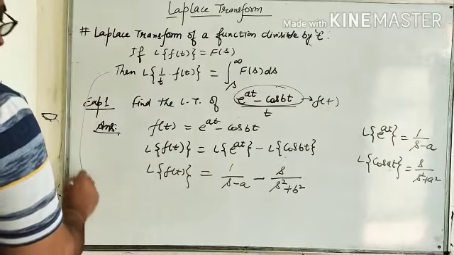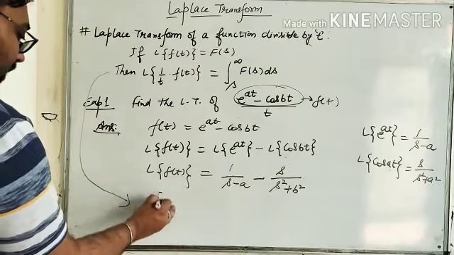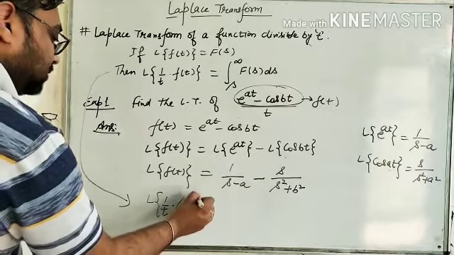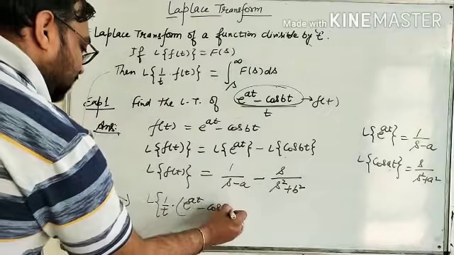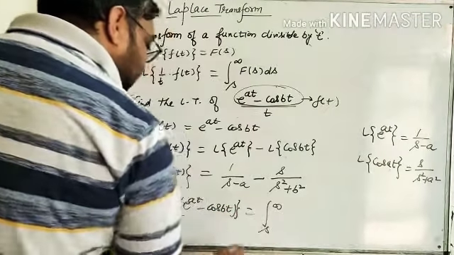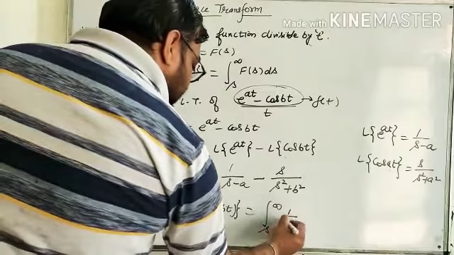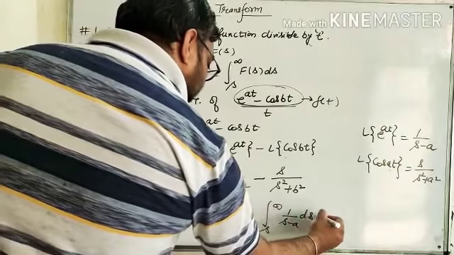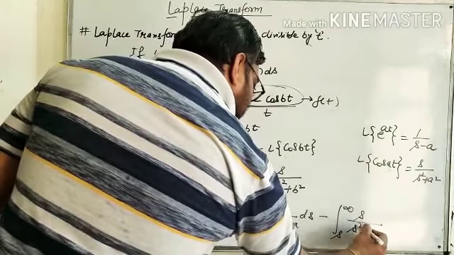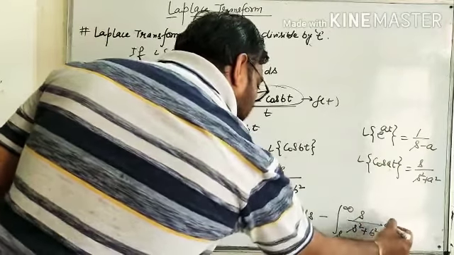Now, from this phenomenon, Laplace of 1 upon t into (e raised to power at minus cos bt) is equal to the integral from s to infinity of 1 upon s minus a ds minus the integral from s to infinity of s upon s square plus b square ds.